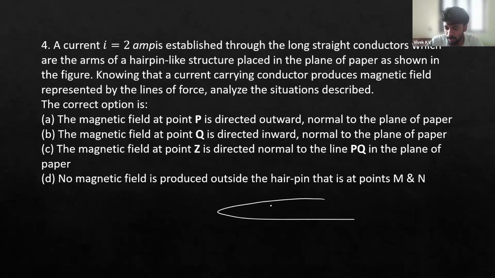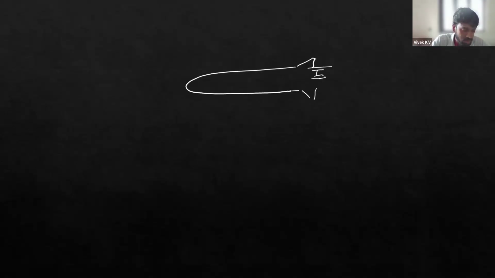So I'll be marking the points here. I will draw the exact figure. There's a hairpin-like structure, and here we are having a battery and a switch, and then we are having one rheostat.